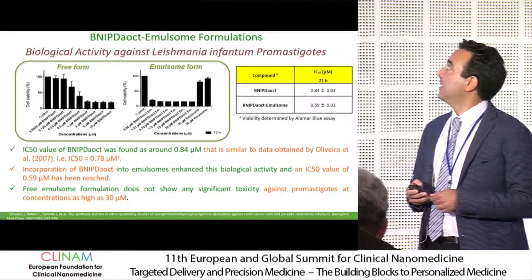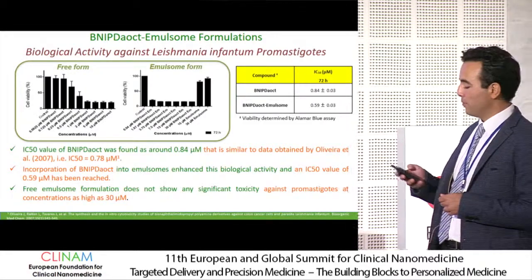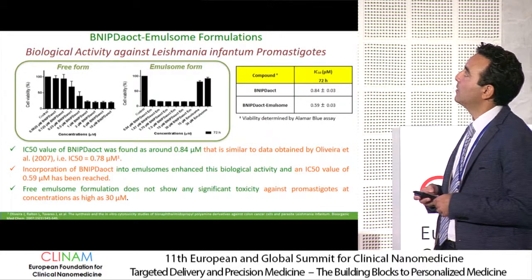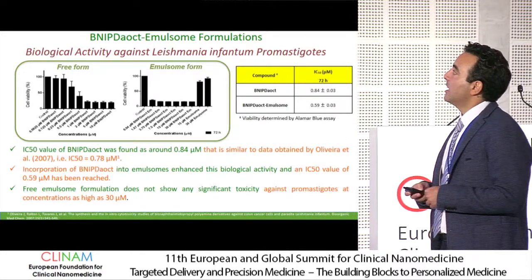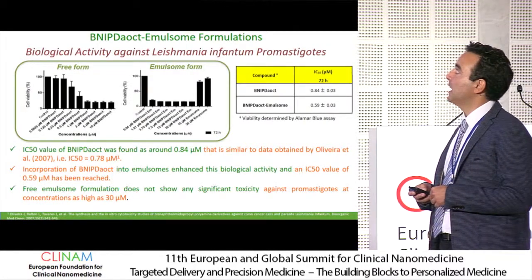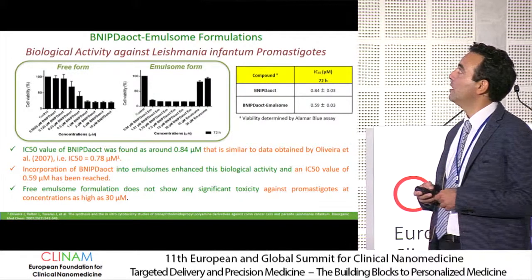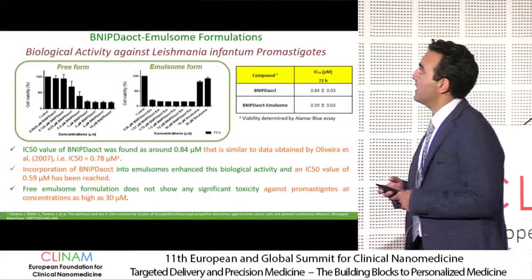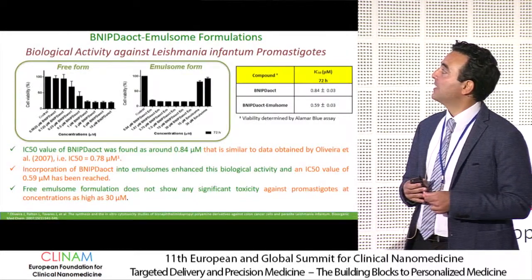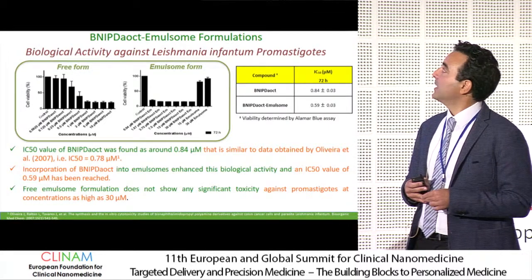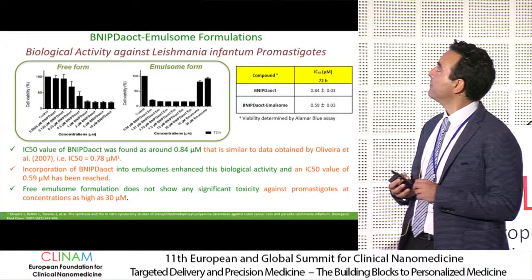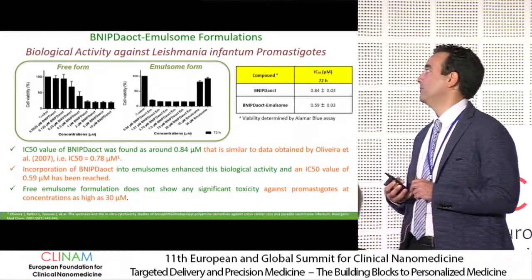As we have seen in our cell culture studies on promastigotes, the IC50 value of BNIP DAOCT is similar to the values in the literature. The IC50 value of BNIP DAOCT was found as 0.84 micromolar, whereas the encapsulation of BNIP DAOCT into the emulsions improved the effectivity of the drug with a decrease in IC50 value to 0.59 micromolar.